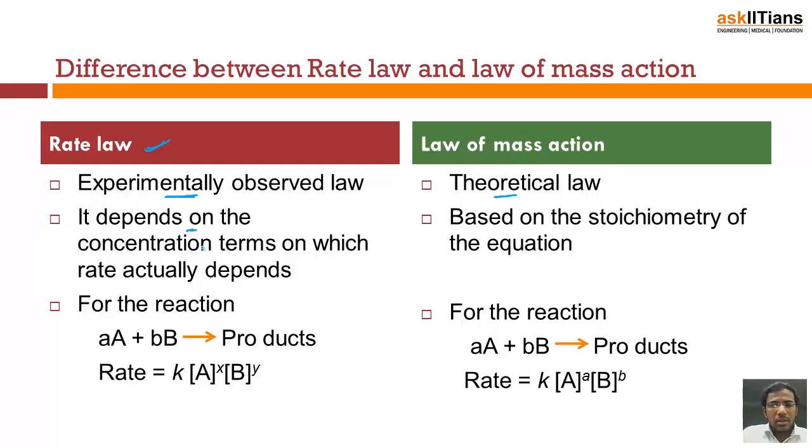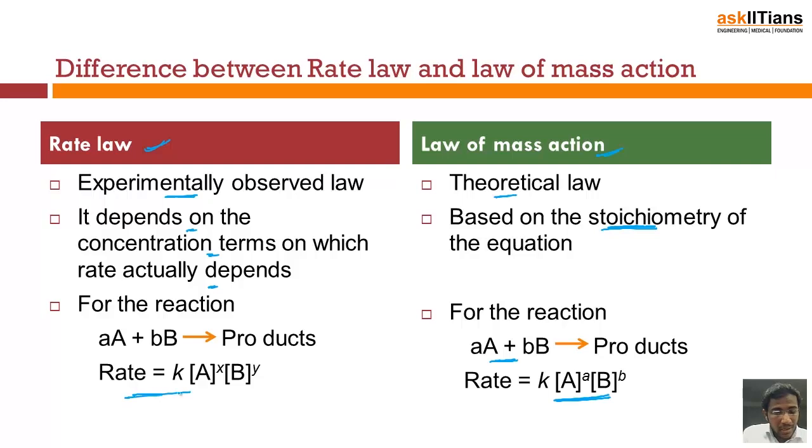Rate law depends upon the concentration terms on which the rate actually depends. So it will give the actual relationship between the rate and concentration of the reactants. Whereas the law of mass action is based on the stoichiometry of the reaction. So if you take a reaction of this type, with A and B giving products, the law of mass action you can write directly from the given chemical equation based on the stoichiometry of the reaction.